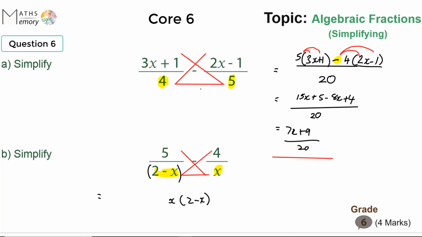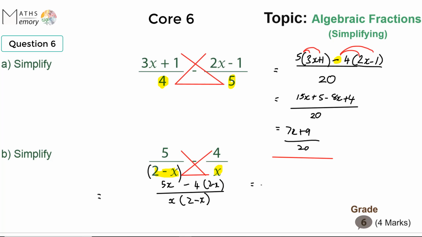Okay, and on top, let's write steps 2 and step 3. So step 2 is 5 times x, and this one is 4 times 2 minus x over here.